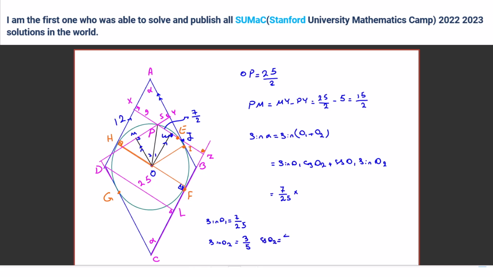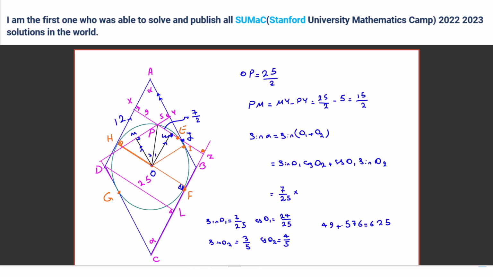Cosine O2 is 4/5, right? Yeah. And cosine O1 is what? Cosine O1 is 24 over 25. Okay, because 7 squared is 49, 24 squared is what? 576, right? Yes. 625, right?